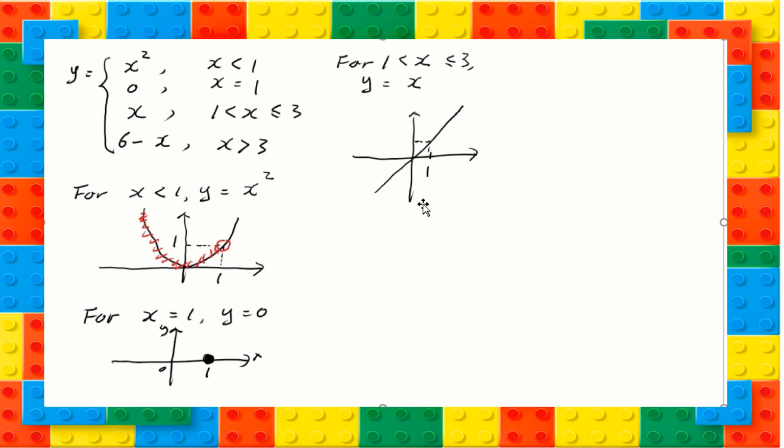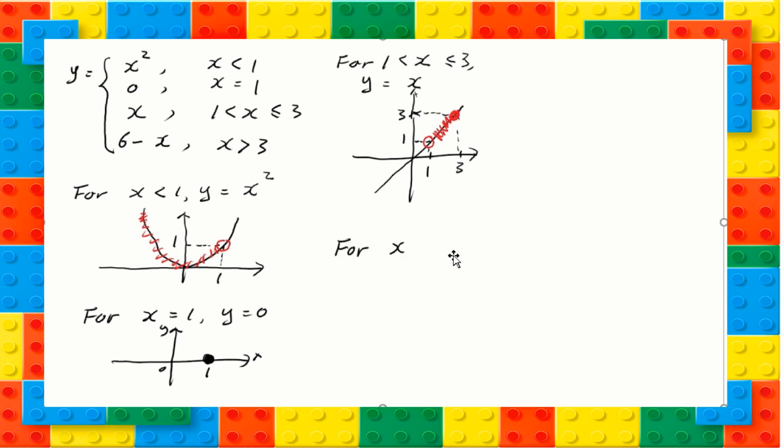So we mark the region that we are going to take, that is x from 1 up to 3. When x is 1, y is 1. When x is 3, y is 3. Where x equals 1 is not included, x equals 3 is included. Then this is the region that we want.